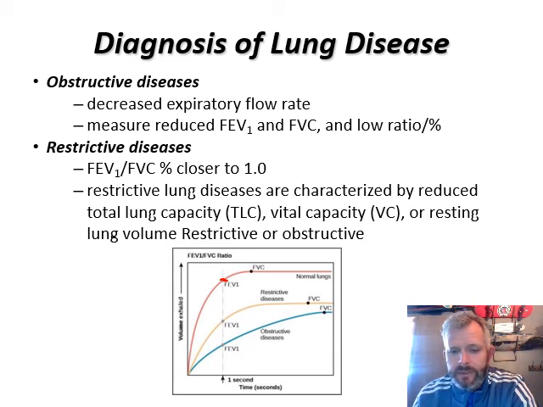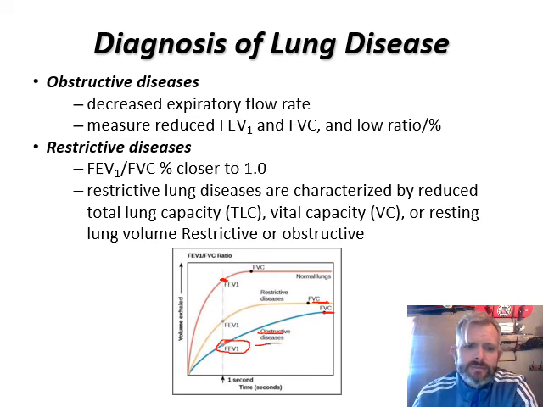You can see with both restrictive and obstructive disorders, we're going to have decreased ability to breathe in air, so we're going to have smaller FVCs. Plus, what we see is the FEV1 is greatly affected by obstructive disorders, the ability to exhale.